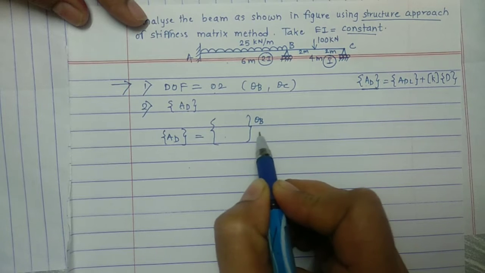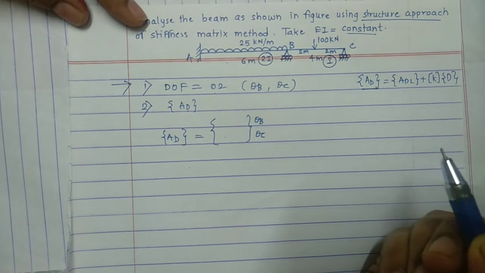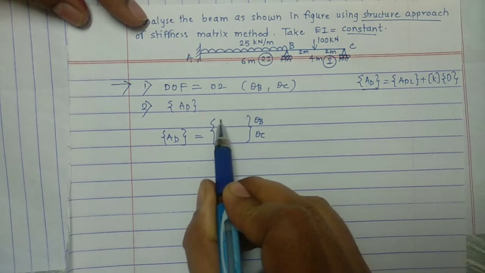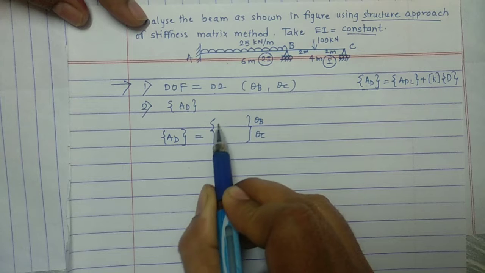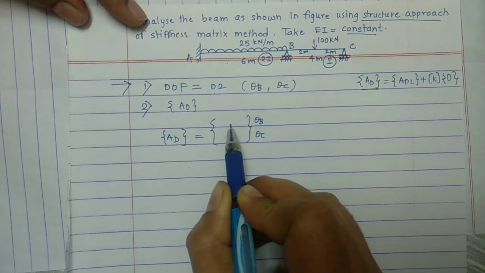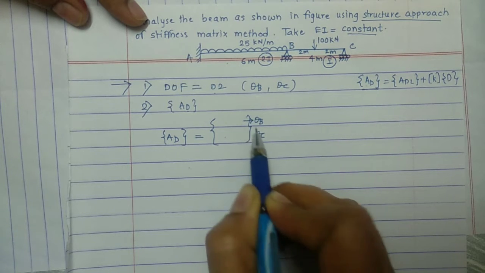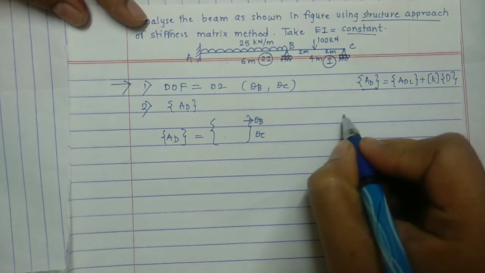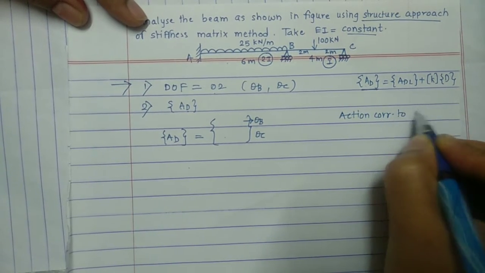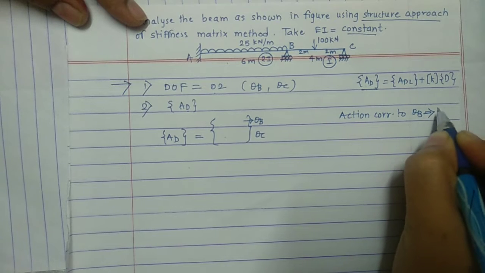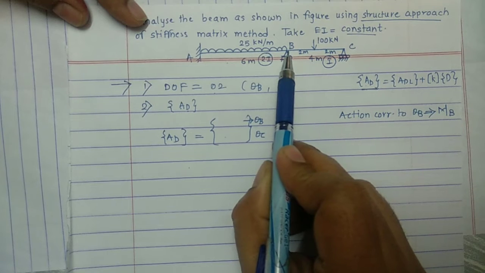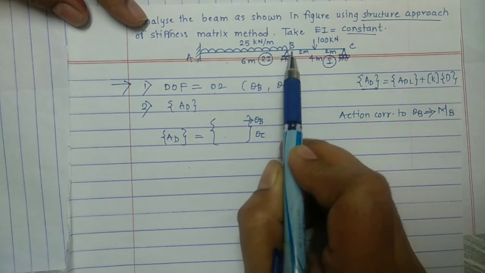The first element corresponds to theta B and the second element corresponds to theta C. The action corresponding to theta B is the moment at point B. In the original structure, is there any moment given at support B?